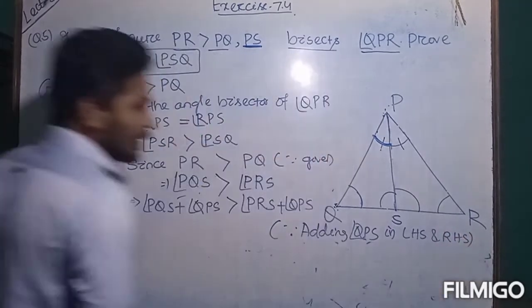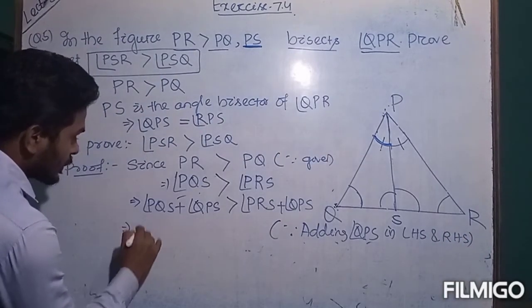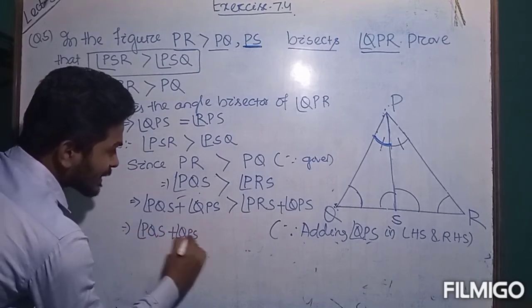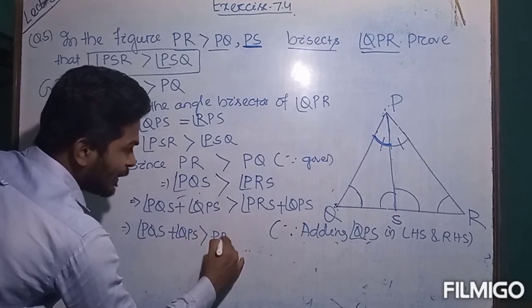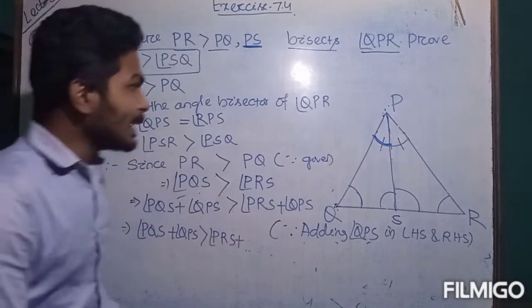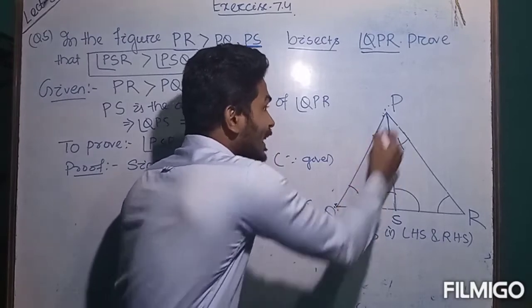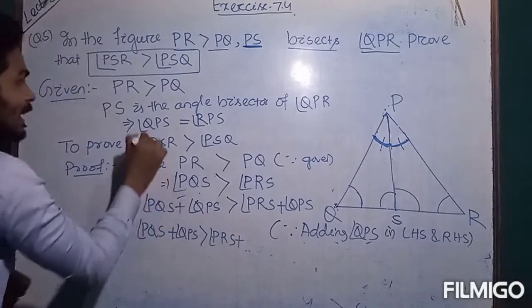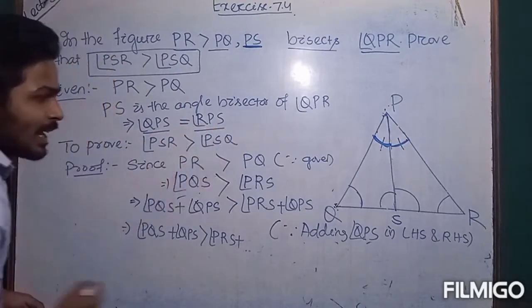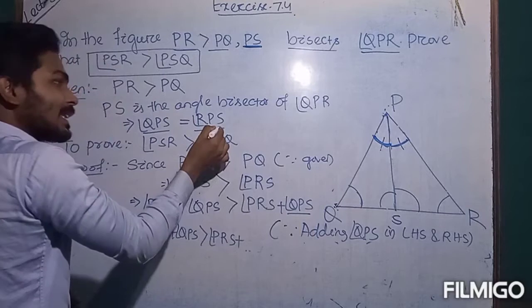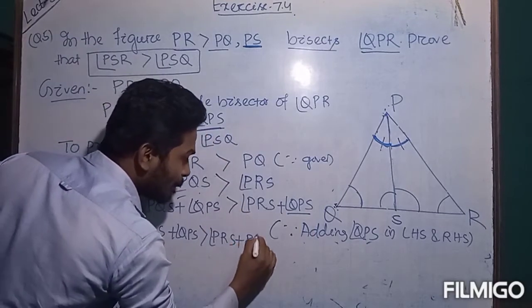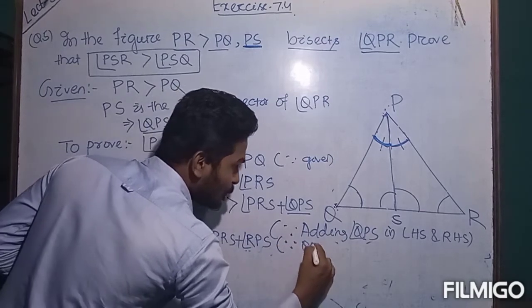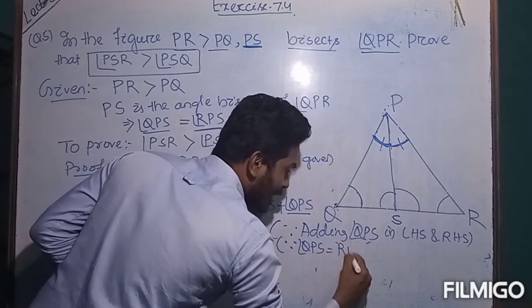Then PQS plus QPS is greater than PRS plus. See, we know angle QPS is equal to this angle, RPS. So in the place of QPS we can substitute RPS. You have to write the reason. The reason is that QPS is equal to RPS.